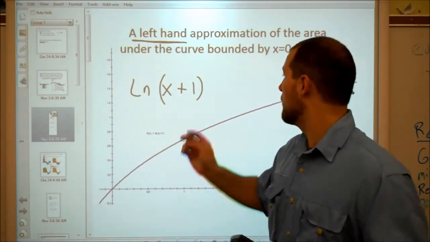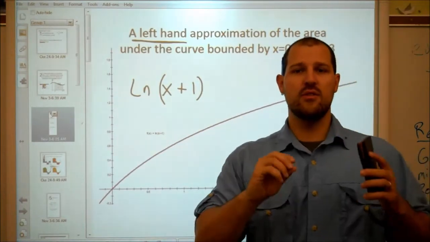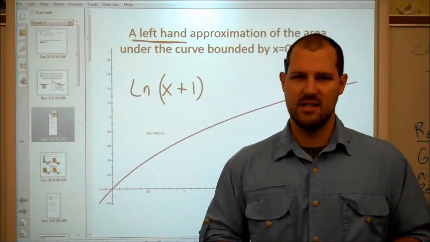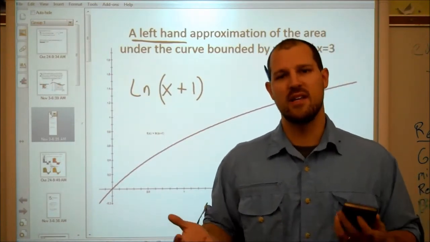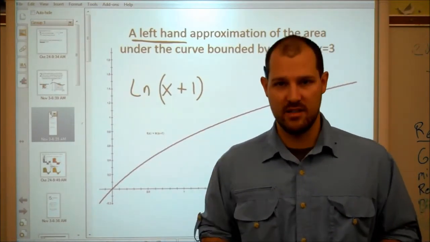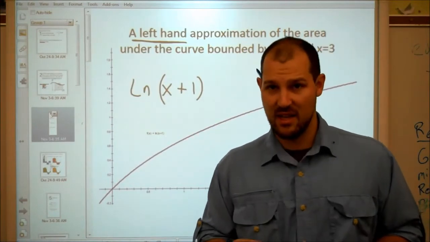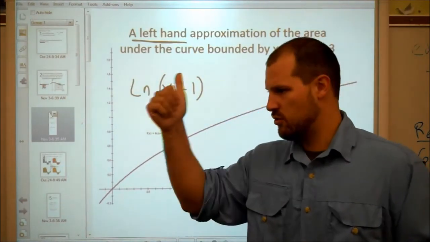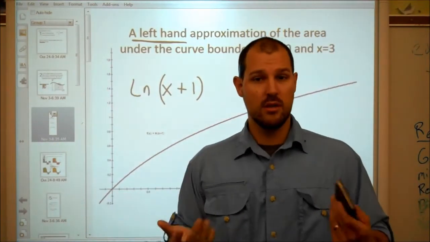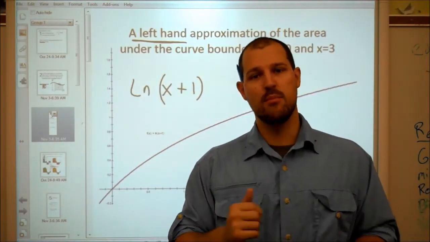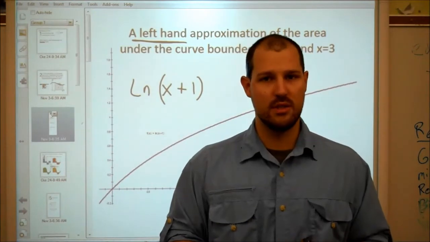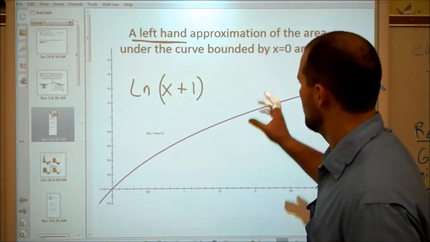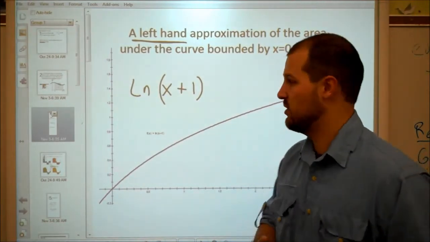You may be asked to make a Riemann approximation, and it's important that you understand the concept, because if you don't, the next videos aren't going to make any sense, and the purpose of integrals won't make any sense. If you're an AP tester, you will specifically be asked for left and right hand approximations. They'll say, do a midpoint rule, do a trapezoid rule. So I've named the four now: left, right, midpoint, and trapezoid. We're going to run through all of those today and see their similarities, differences, costs, and benefits. So that's what your expectations will be.